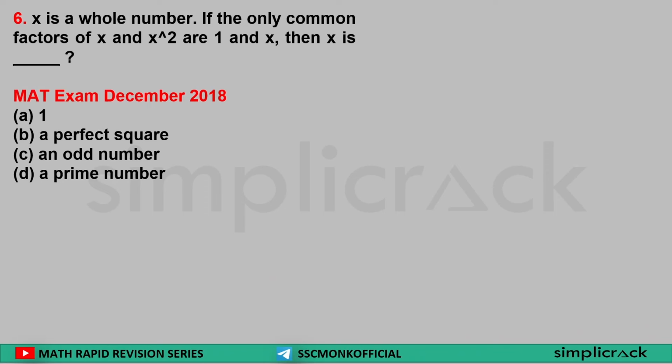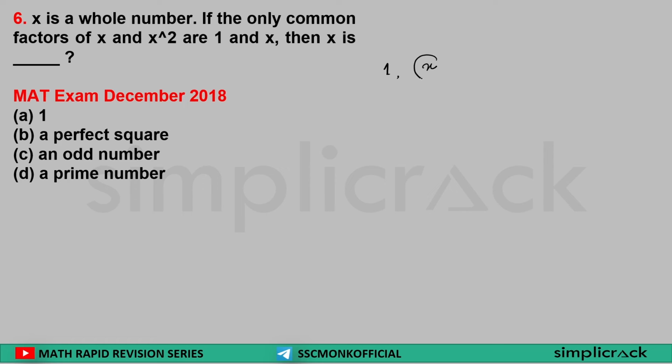x is a whole number. If the common factors of x and x square are 1 and x, then x is what? Now understand this. I say 1 here and x here. Clear? It is saying 1 and x is given.